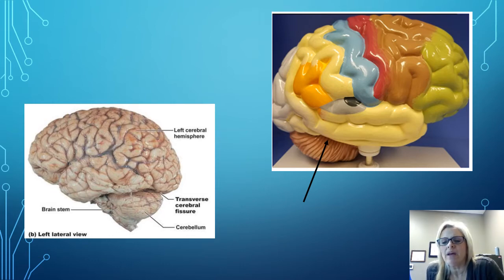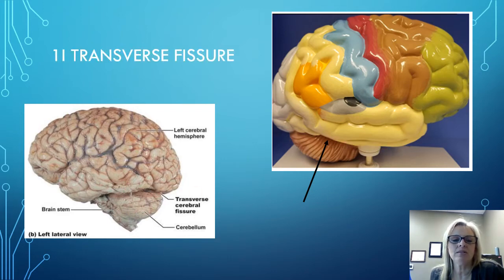And so we have to be specific, and so we give them different names based on size, and then again based on location. So you can see right here, it separates, okay? It's doing some separating, so this is the transverse fissure. It separates the cerebellum and the cerebrum.